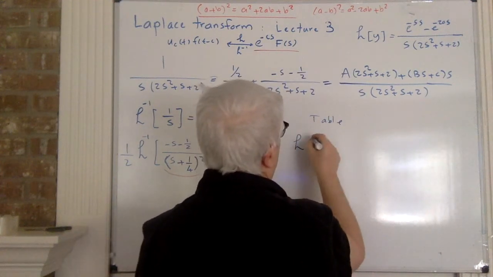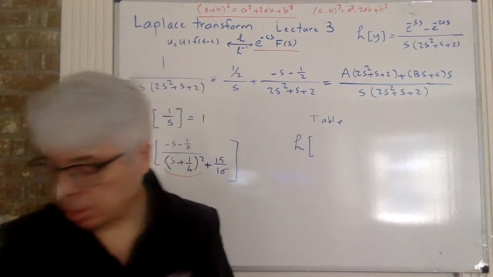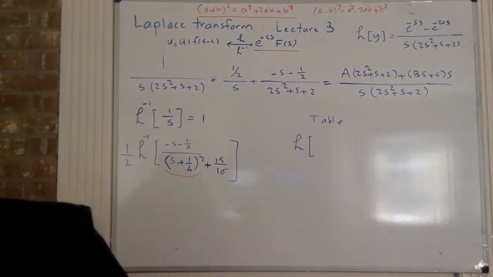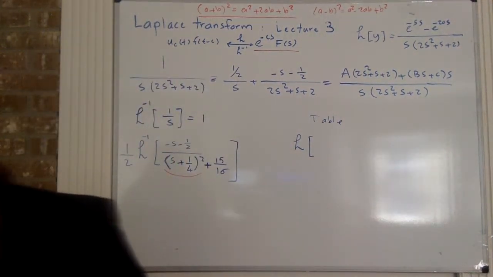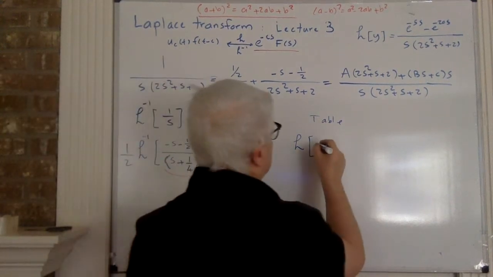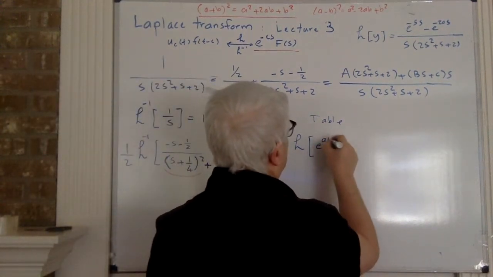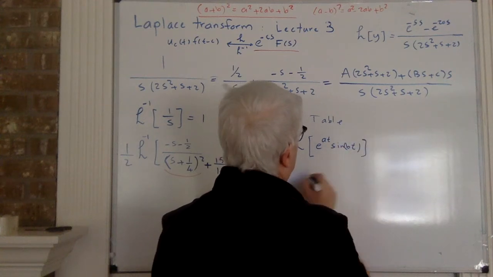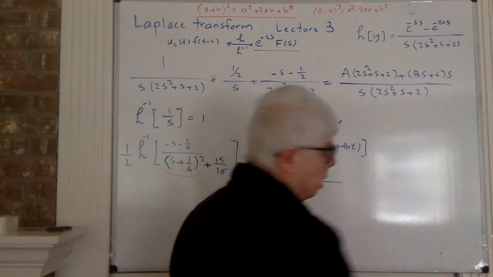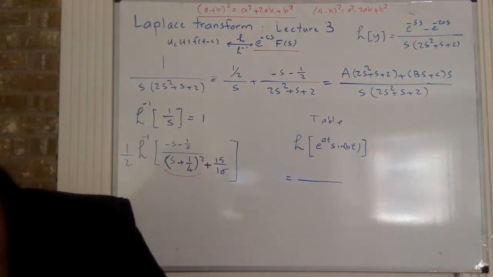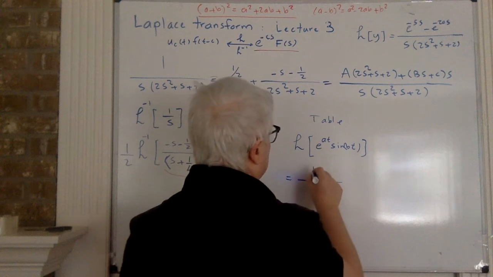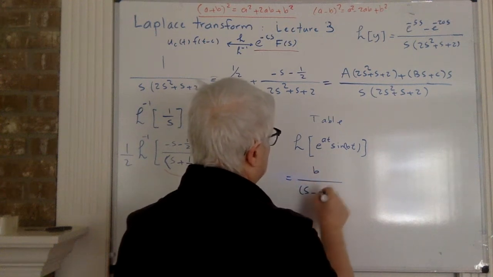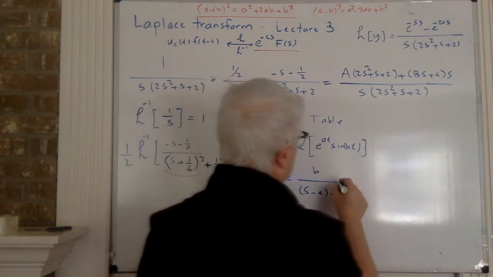I have L of e to the power at sine bt, and that is b over s minus a squared plus b squared.